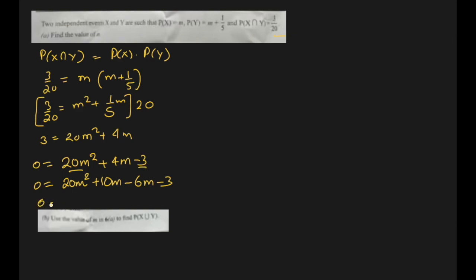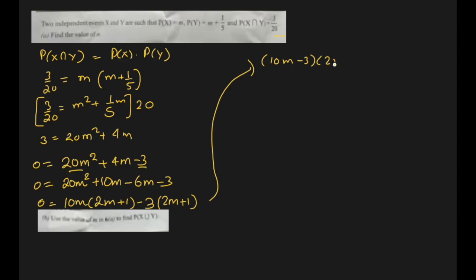So what do we get? 10m is common here, so 10m times (2m plus 1) minus 3 times (2m plus 1). So we get two factors: (10m minus 3) and (2m plus 1) equal to 0.